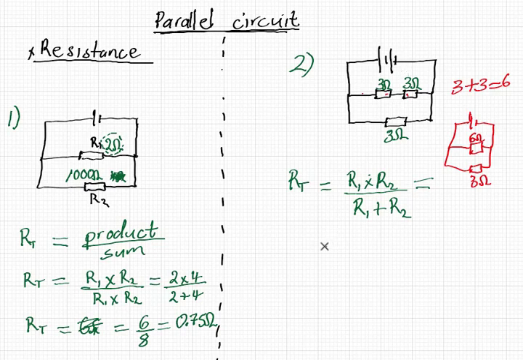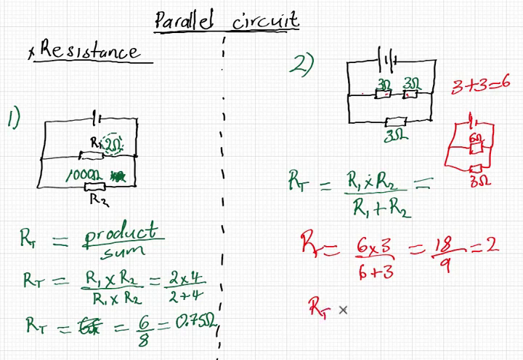Okay, so what we have now is 6 times 3 divided by 6 plus 3. What do we get? 6, 12, 18, and then the sum is 9, and 18 divided by 9, that's 2.